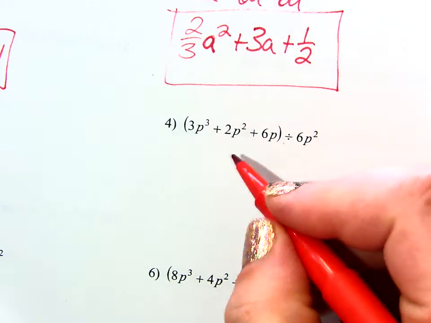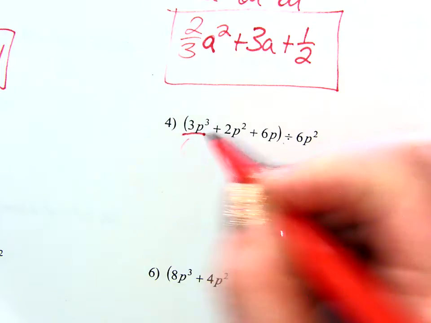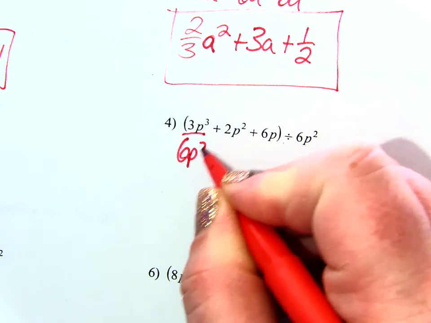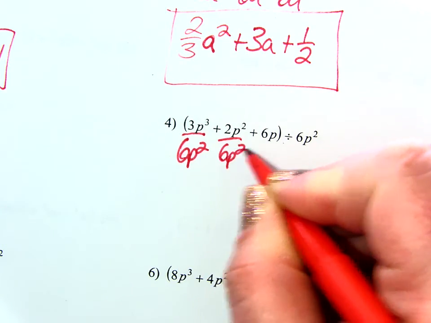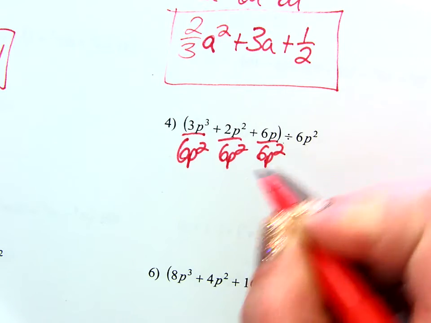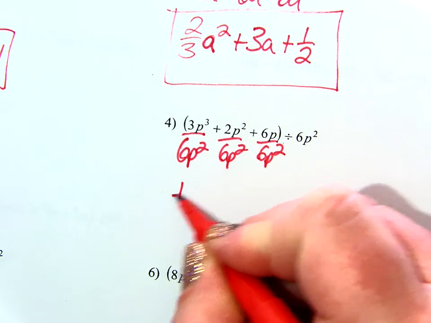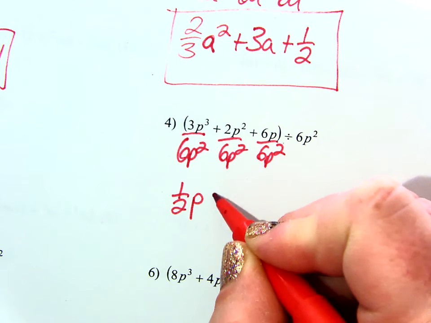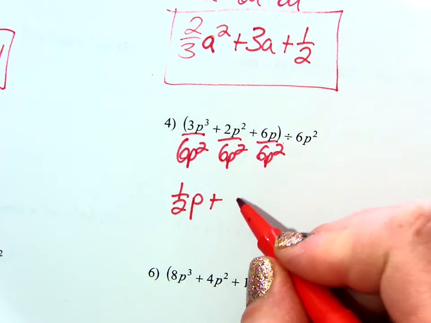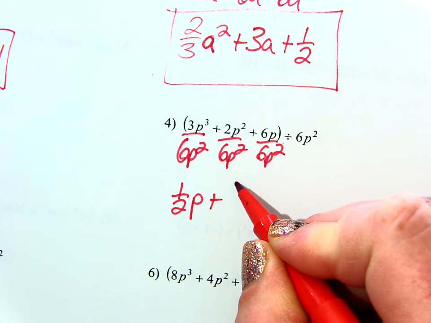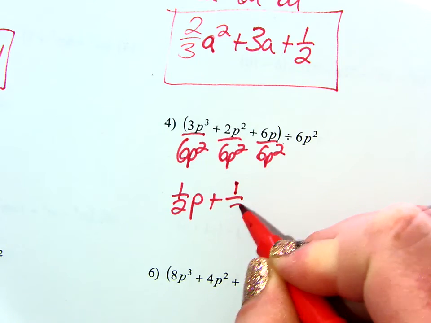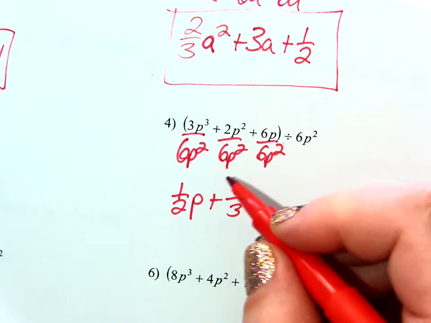So I'm going to divide everything by 6p squared. So the first one would just be 1/2 p, right? What's my middle one? 1/3, right? Because the p squares will cancel and I have 2/6.